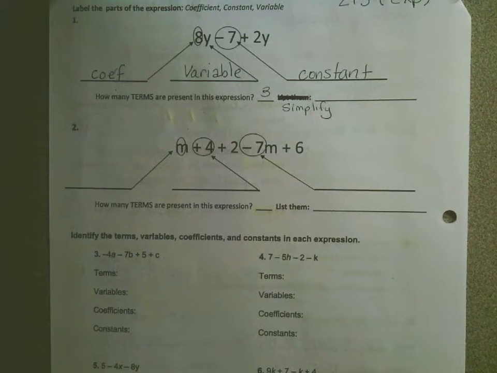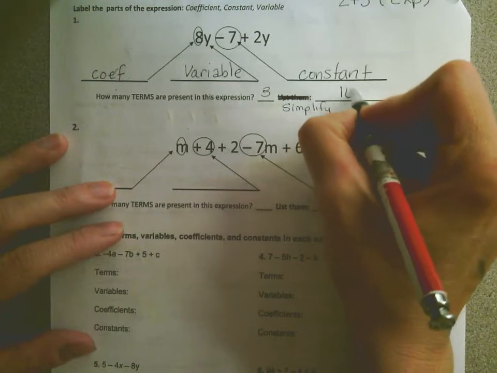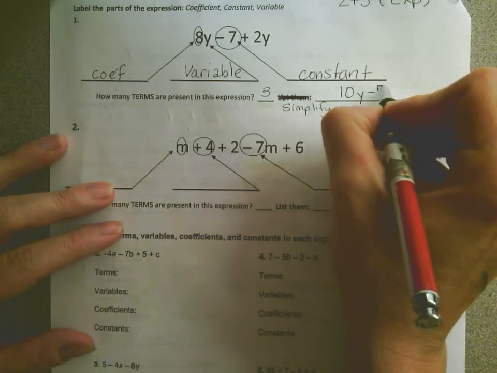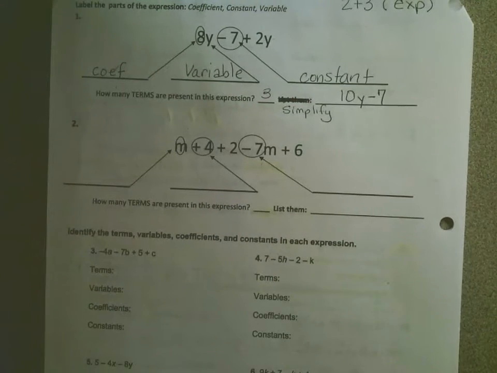Constants can join with constants of the same type. Dylan G., if I were to ask you to simplify 8y minus 7 plus 2y, what would you end up with? 10y minus 7. The answer is not 10y times 7, it's not 17y, it's not 17 negative plus y. That is all you can do.